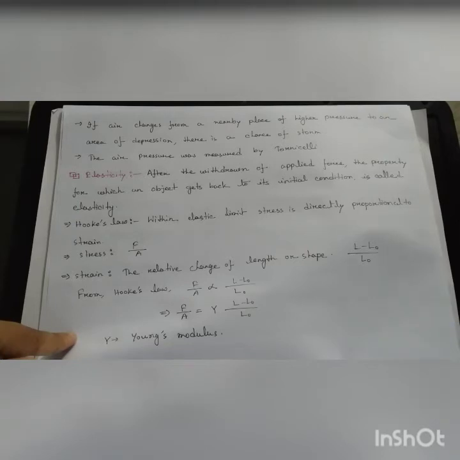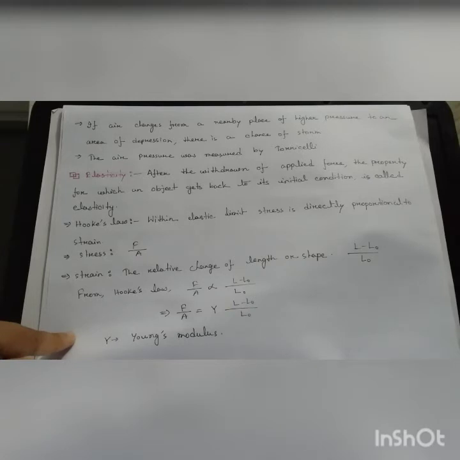That means whenever an object is at its present state and we apply some force on it, the object expands or is compressed due to the applied force. If we withdraw the applied force, the object gets back to its original state. That property is called elasticity.